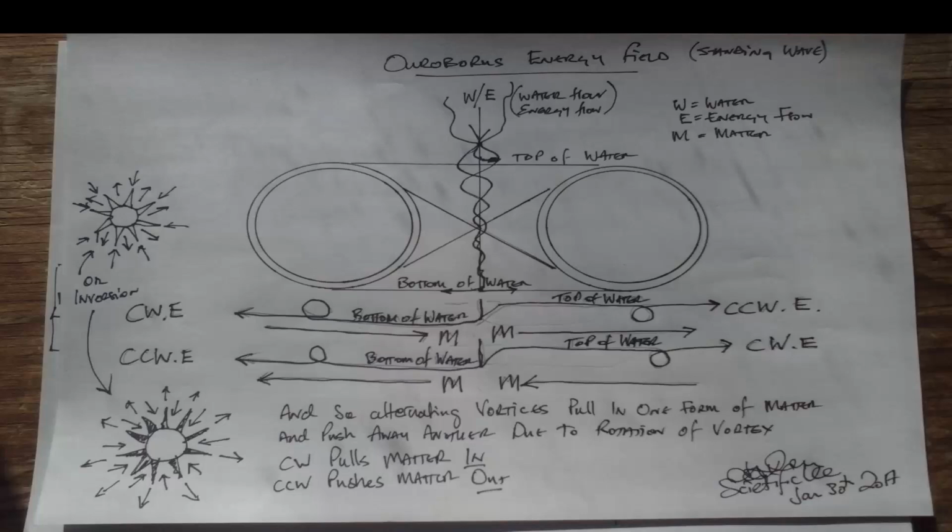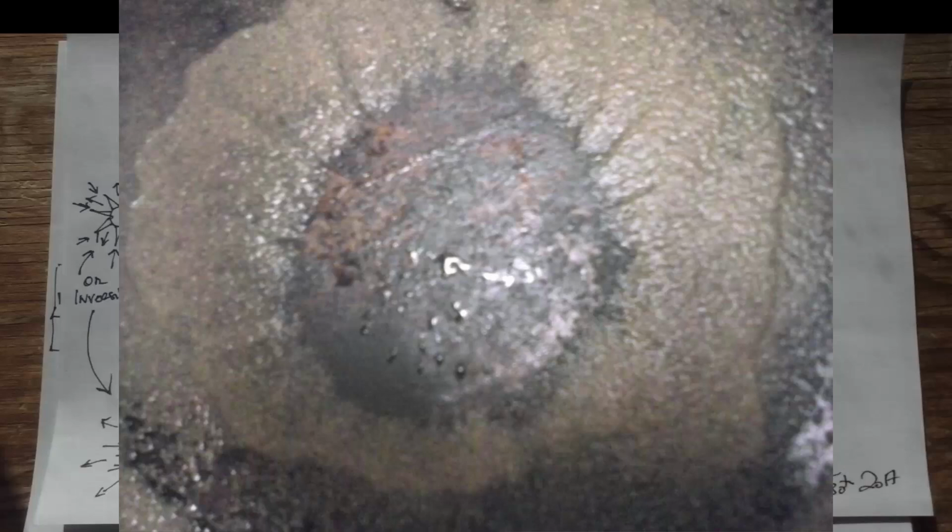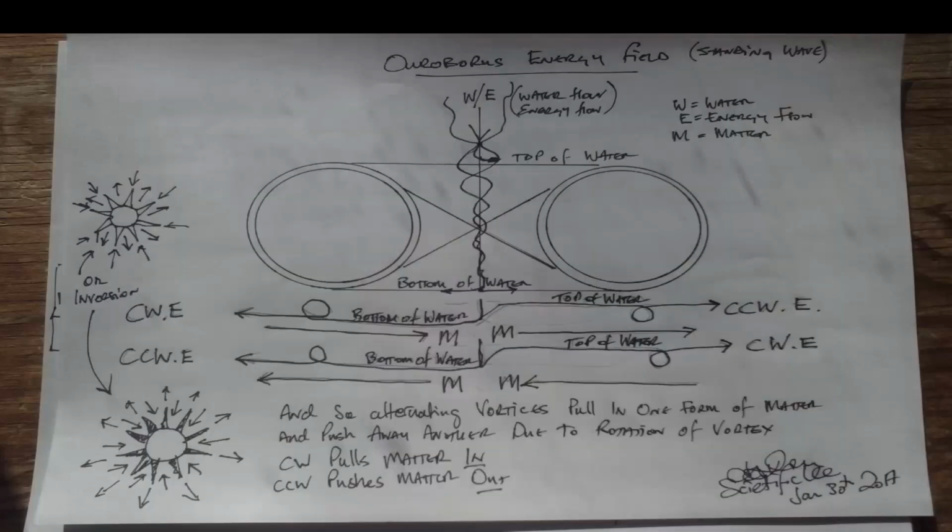So it's pushing and pulling at both the top and the bottom, which is why you get them two star pictures on the right hand side, which is the matter in or the matter out, or the inflection of it, which is again this picture that I poured water into sand to see what pattern on the edges it would give me, and so there is an in and an out vortex because it shows it. And so alternating vortices pull in one form of matter and push away another due to rotation of vortex. Clockwise pulls matter in, counterclockwise pushes matter out.